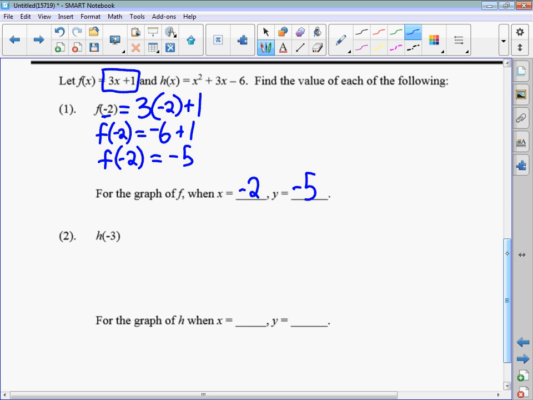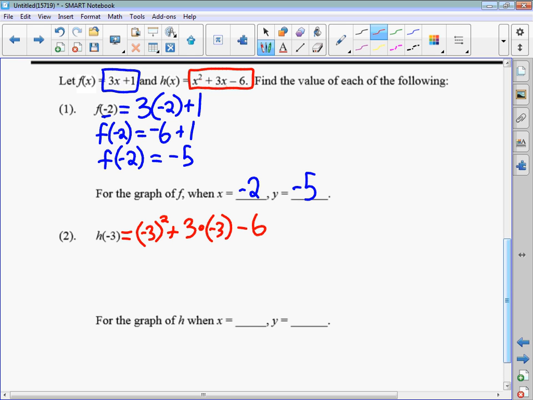And looking at h of negative 3, we are now going to use this formula, or this equation. So wherever I see x, I'm going to put negative 3. So h of negative 3 equals negative 3 squared plus 3 times negative 3 minus 6.